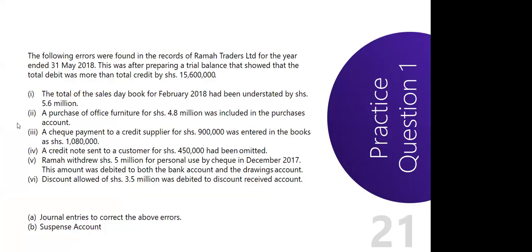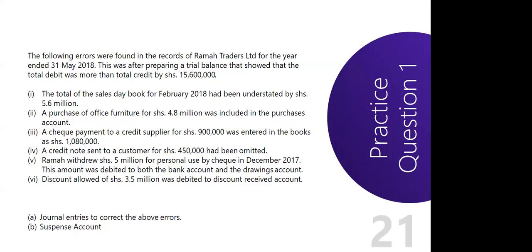What an interesting scenario. Rama withdrew 5 million for personal use by check in December 2017. This amount was debited to both the bank account and the drawings account.